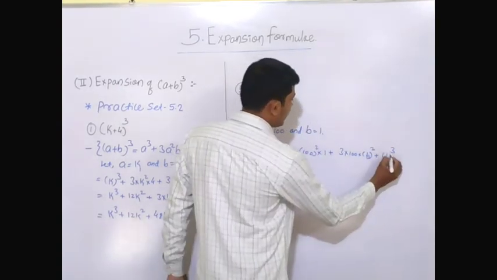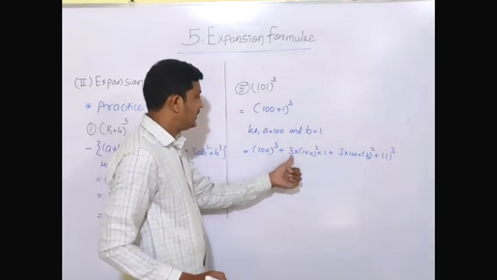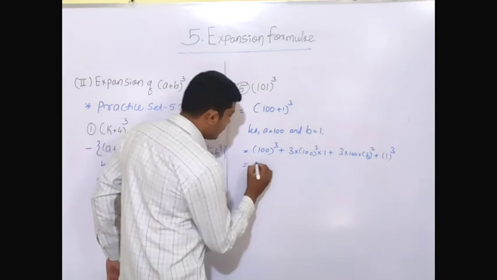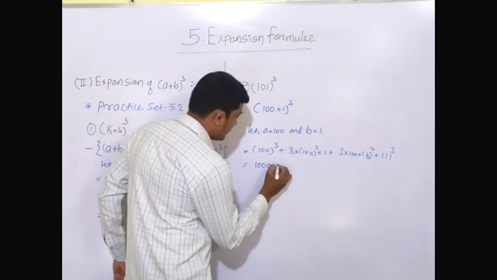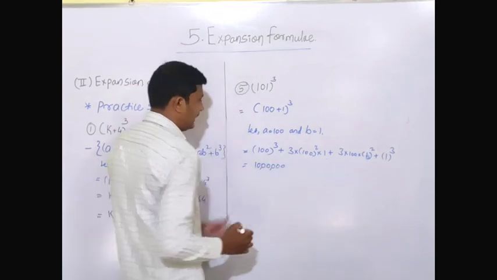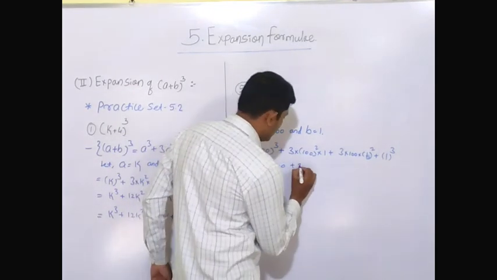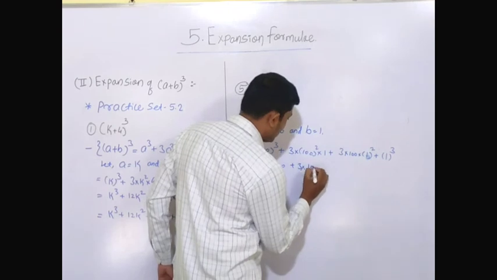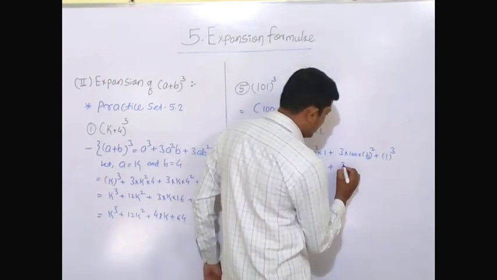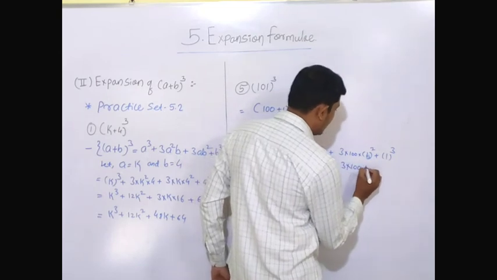So 100 cube is simply 10 lakh, plus 3 into 10,000, plus 3 into 100, plus 1.